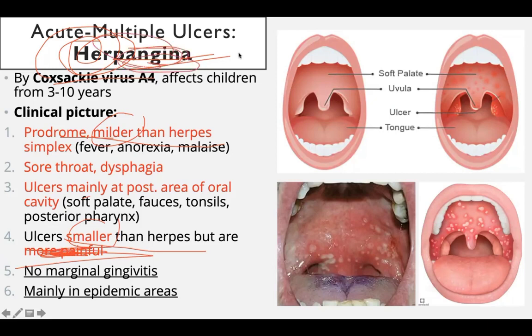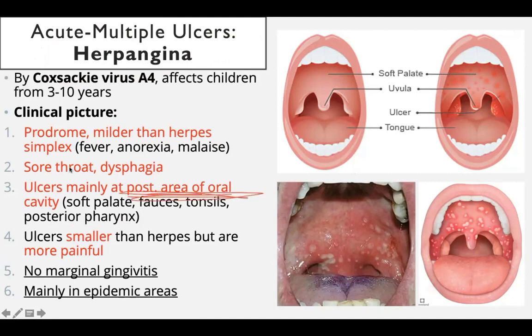That's why we have angina, pain. You remember angina with pain, remember? Like chest angina. So prodromal symptoms milder than herpes, ulcers smaller than herpes but more painful than herpes simplex oral manifestation. Herpes one involves the anterior area of the oral cavity; this is involving the posterior of the oral cavity.